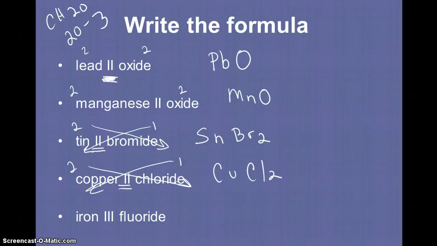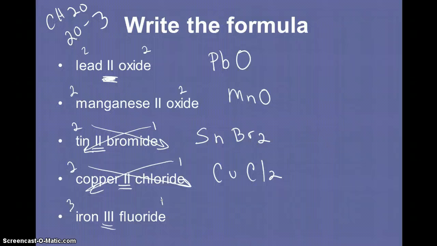Okay, last one that we have here is iron, Roman numeral 3 fluoride. Iron, because of this Roman numeral here, I know has an oxidation state of 3. Because if you do look at your periodic chart, your choices are either 2 or 3 for the oxidation state. But because I've got the Roman numerals here, I know it's 3. And fluoride has an oxidation state of 1. Remember, in all of these, on all the nonmetals, go with the top oxidation state or atomic charge.